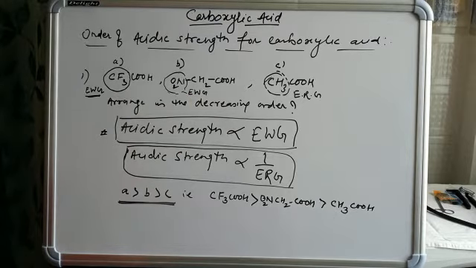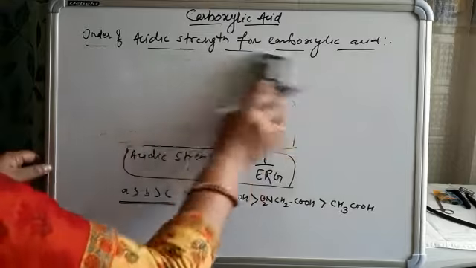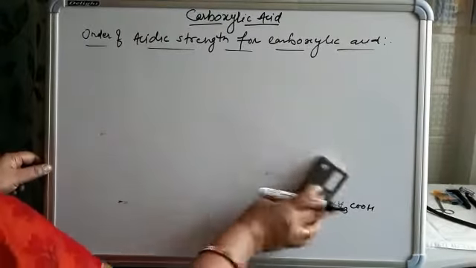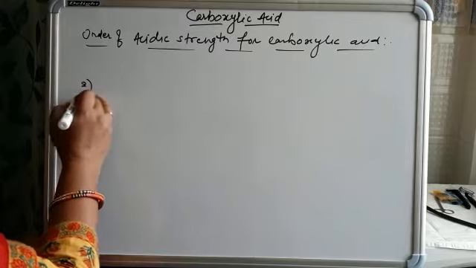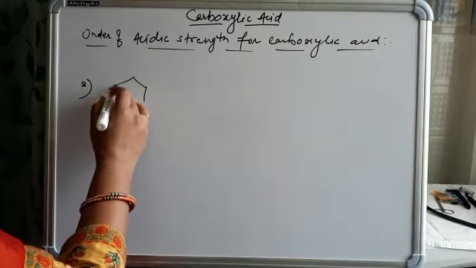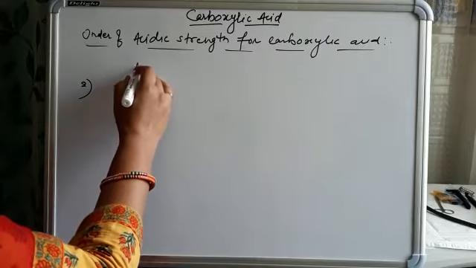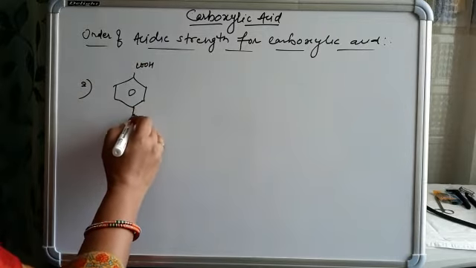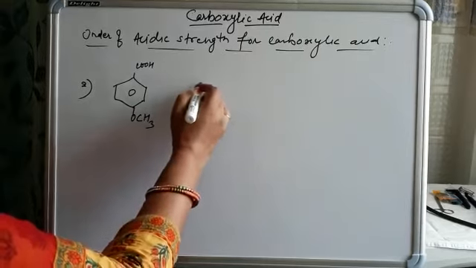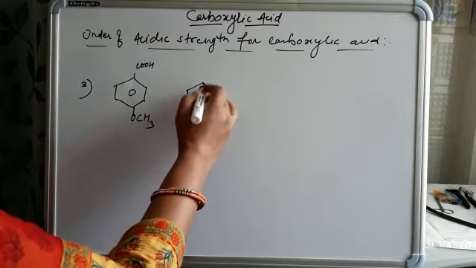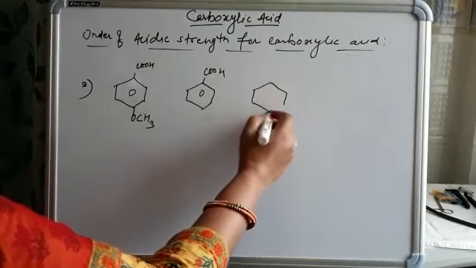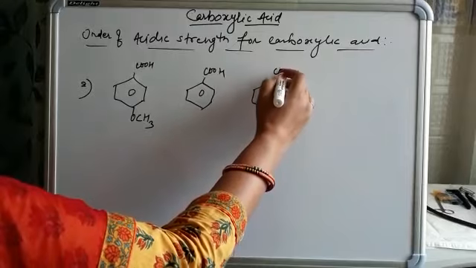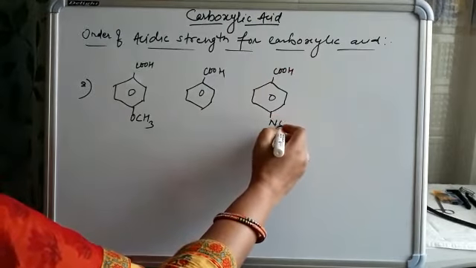One example: suppose we have this compound in which the OCH3 group is attached, and one compound in which only the COOH group is present, and another compound in which COOH and NO2 groups are present.